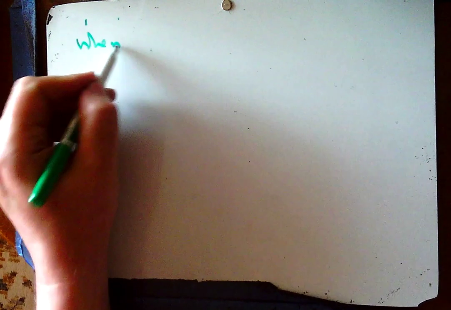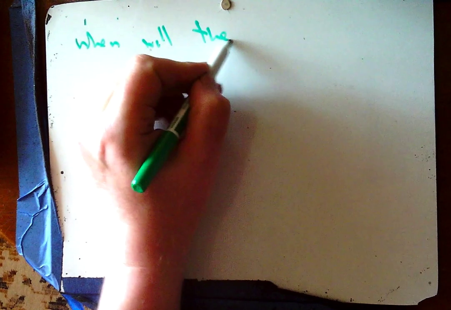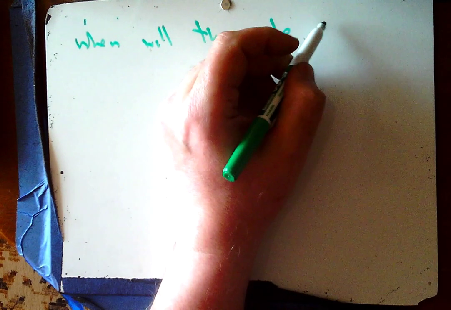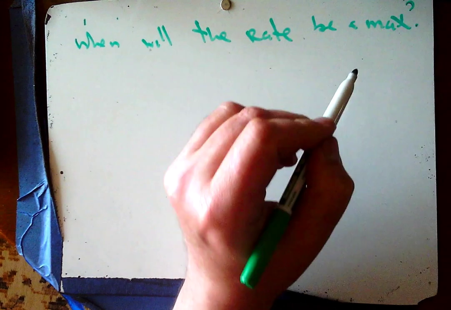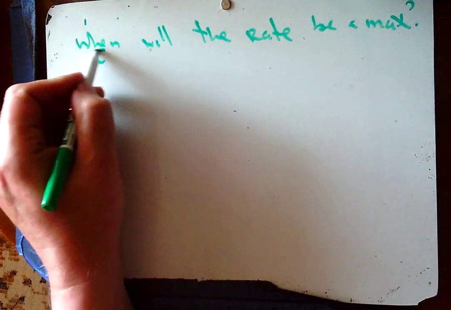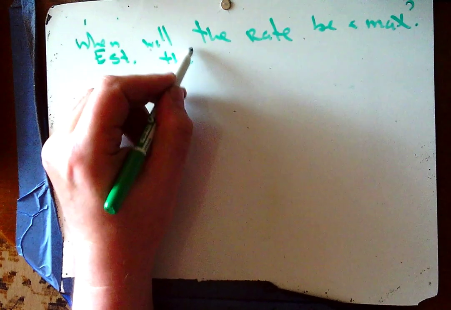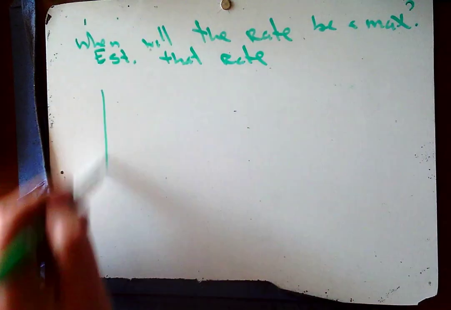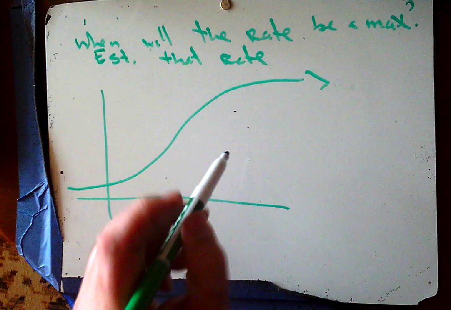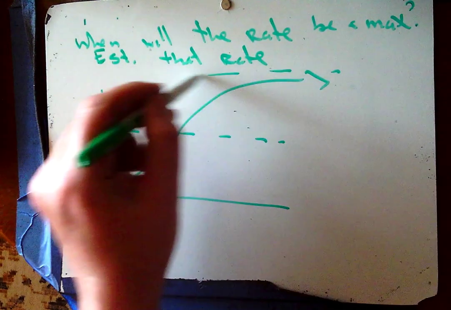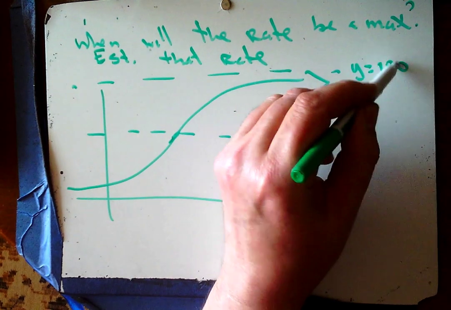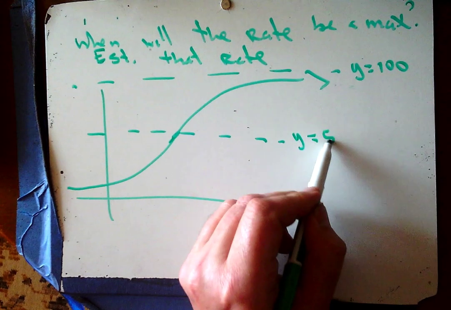So we can do these problems both on our calculator and by hand. Okay, now the last problem says, when will the rate at which the flu spreads be max? And then it says, estimate that rate. Okay, so we were looking at a graph, and we know that the steepest place occurs, if this is y equals 100, then this would be y equals 50.